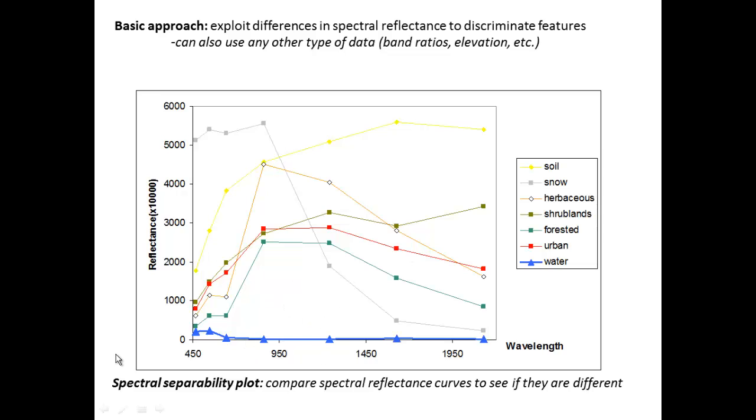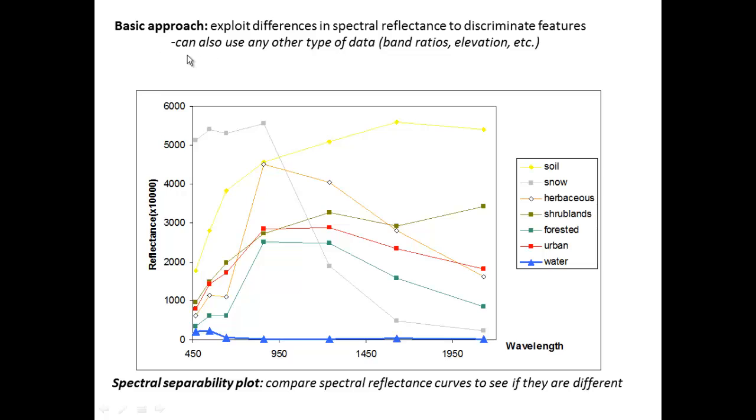What we're looking at here is called a spectral separability plot, and typically this is done to visualize whether different possible end-member classes are actually going to be separable. I'll show you in a minute how we collect the data to make this plot. Snow and herbaceous shrubs are pretty separable, but take a look at urban and forested. Those look a lot more similar, and we may have a lot more trouble separating those into different classes.